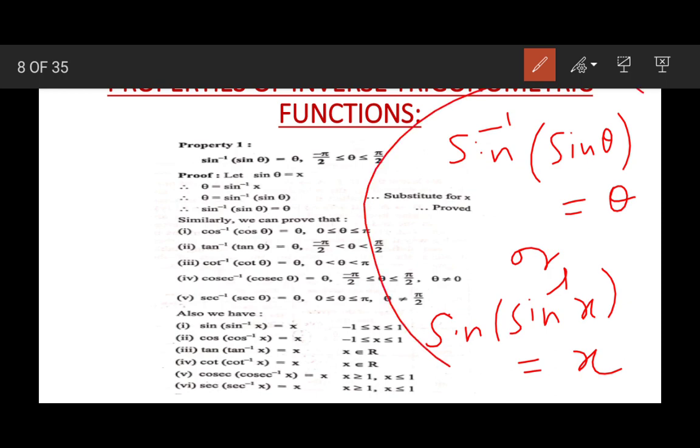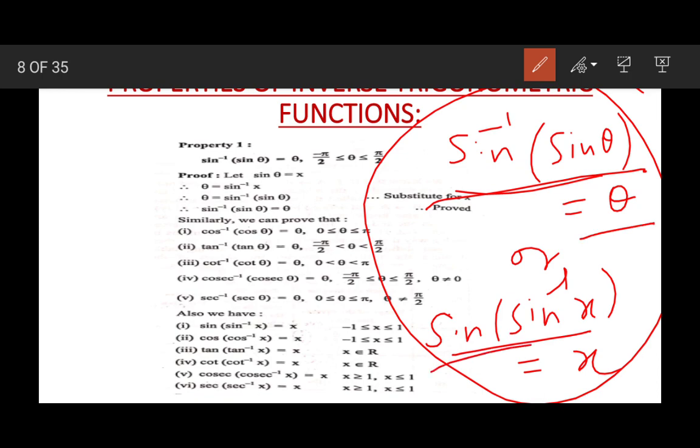This is the first property, and this is true for all trigonometric ratios. So the first property is clear: sine inverse of sine theta is equal to theta, or sine of sine inverse x equals x, and this is true for all trigonometric ratios.